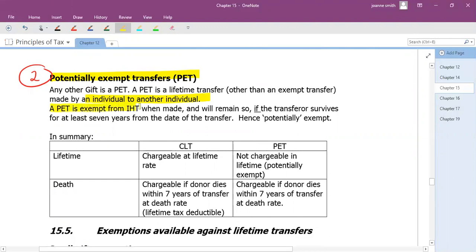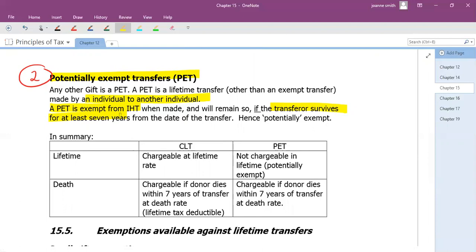Now, when the gift is made, it will be exempt from IHT. So it's not like the trust where tax gets paid immediately. It will continue to be exempt as long as the person that transfers the gift survives another 7 years. That's why it's called potentially exempt. So if you survive 7 years, no tax at all.